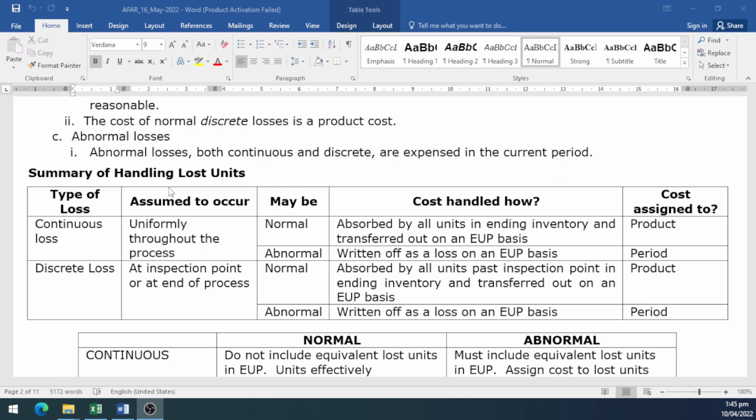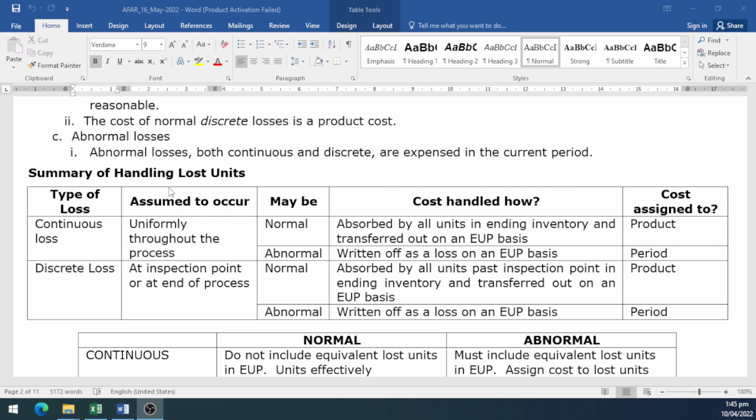For example, in the case of evaporation loss, we do not know kung kailan nag-evaporate, at what stage. As the process is happening, then yung evaporation loss is occurring uniformly. Yan po, continuous loss or discrete loss.